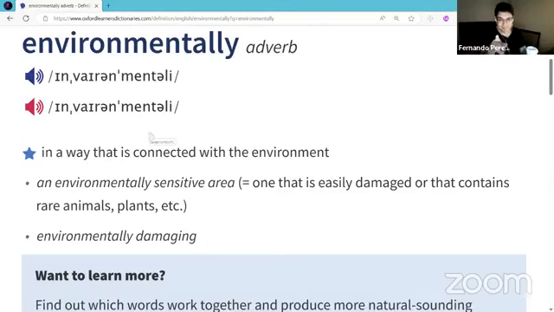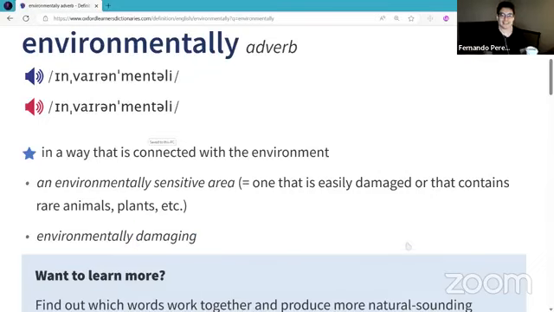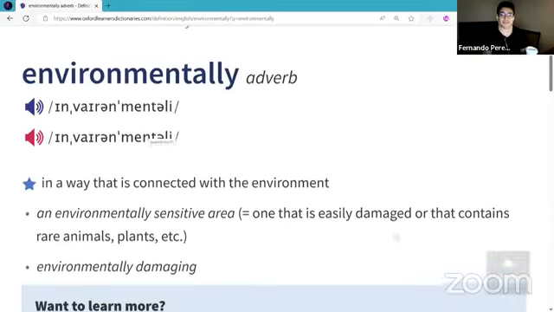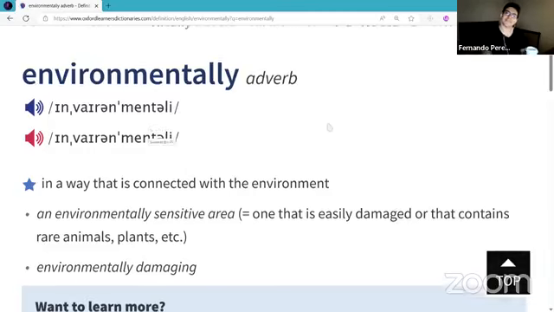In your example, watch out, because damaging is not an adjective, it's a verb, but that's correct. Trash is environmentally damaging the city. So think about types of words, not Spanish words. Thinking in Spanish affects the structure. But your example is correct.